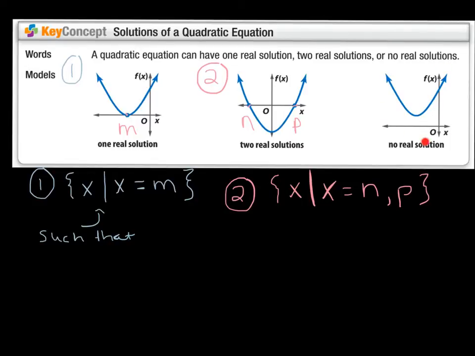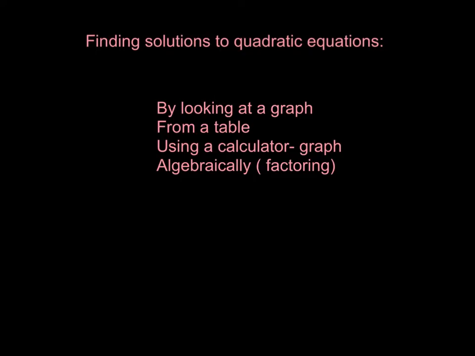And for the last parabola, it does have solutions, but they're imaginary, and we're going to go over that a little bit later. So for now, if you get something that looks like this, where the parabola does not cross the x-axis at all, then you're just going to write that there are no real solutions until I teach you about imaginary complex solutions.